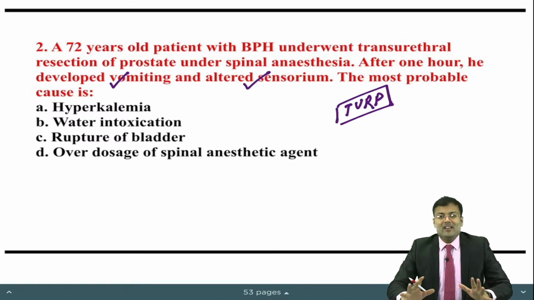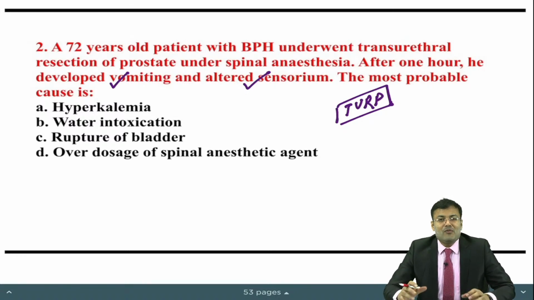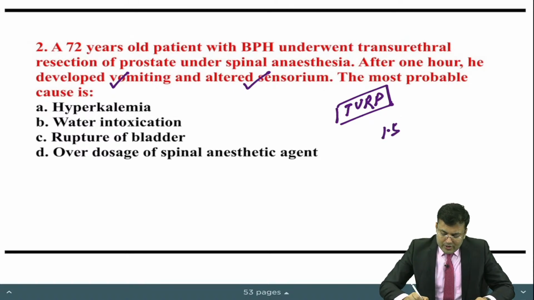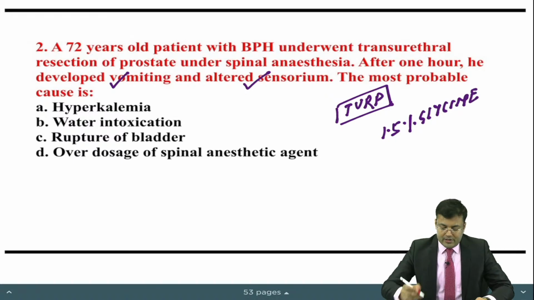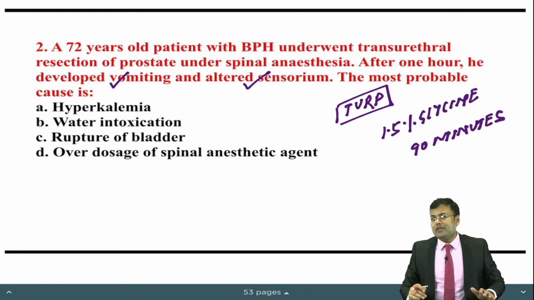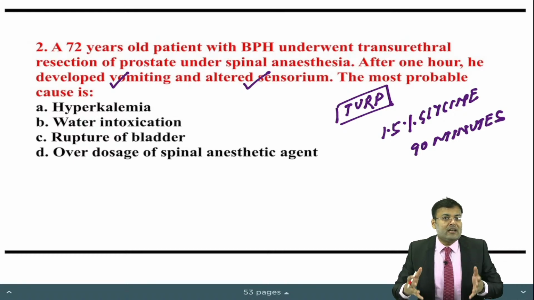See, this is a typical case of fluid overload, that is known as water intoxication. Whenever we perform transurethral resection of prostate, we use 1.5% glycine. The duration of surgery should be 90 minutes only. Why? If you perform TURP for more than 90 minutes, the vascular channels are open and there is absorption of the irrigating solution.